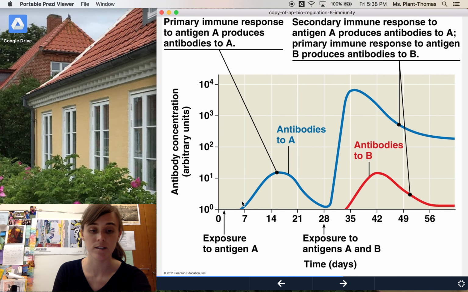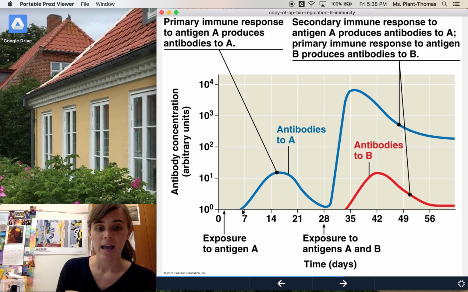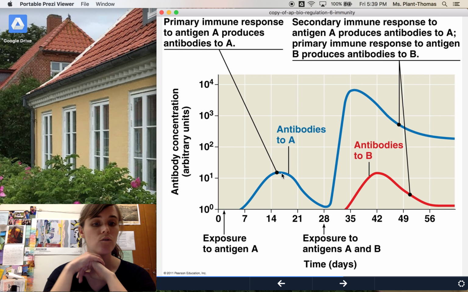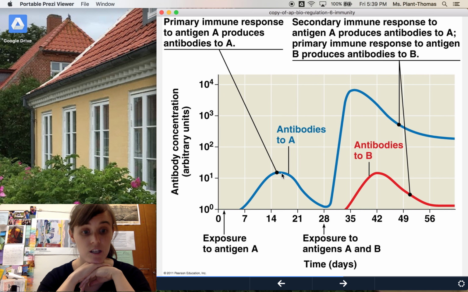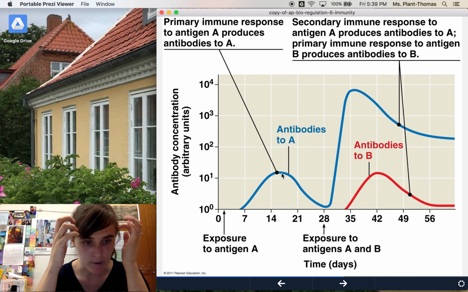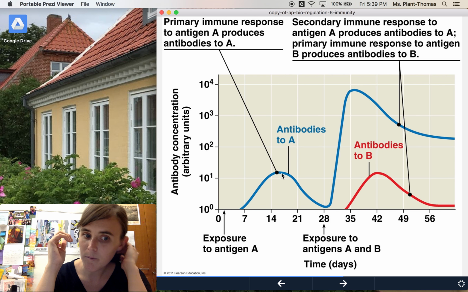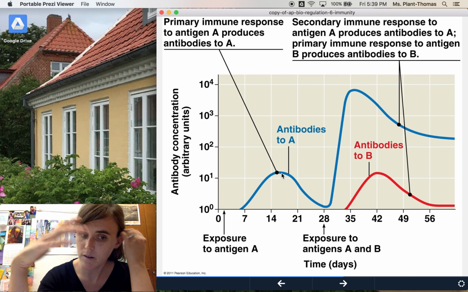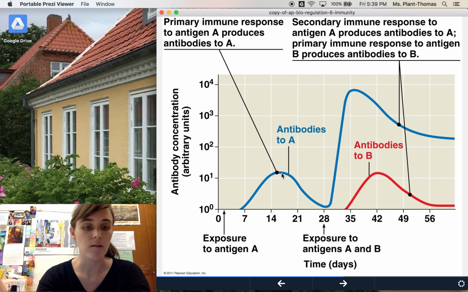Vaccinations, basically how they work is they expose you to, in today's terms, usually a killed portion of the virus. So you have a virus and we kill it and then we expose you to it. And your body develops antibodies to it and you don't get sick because it's killed, so it doesn't harm you.